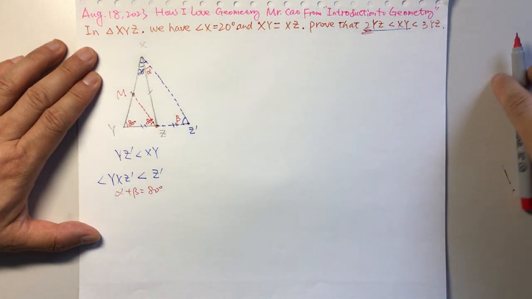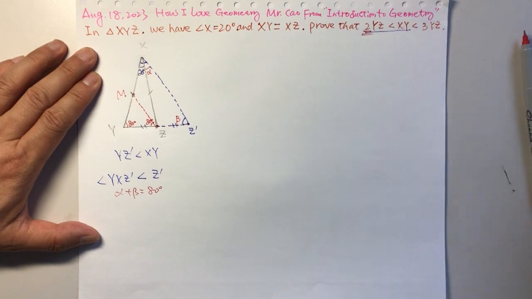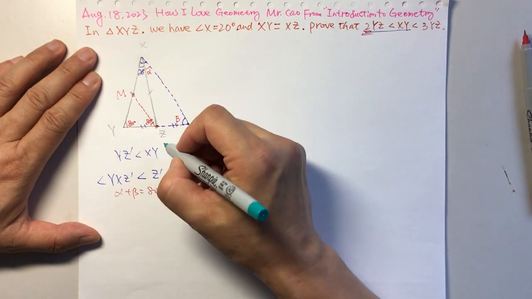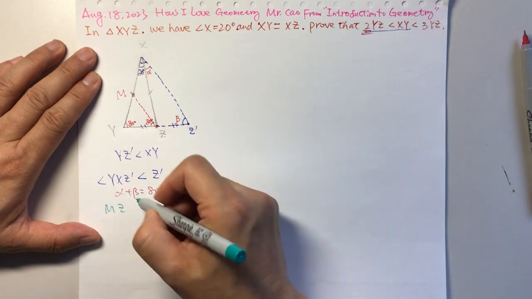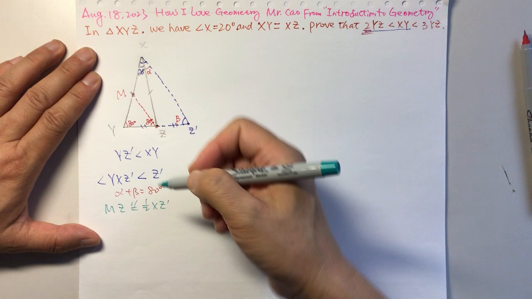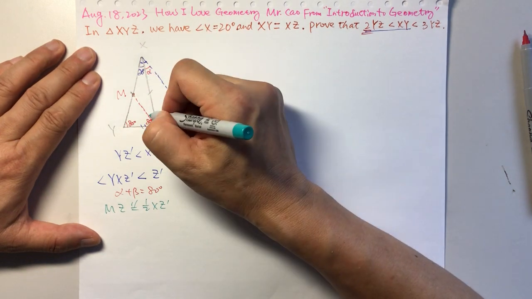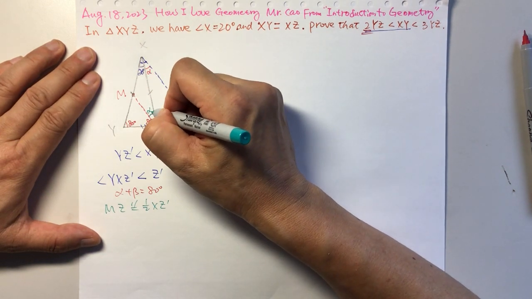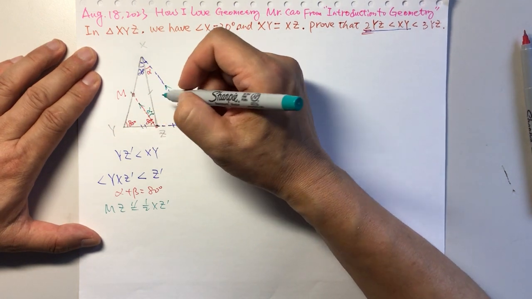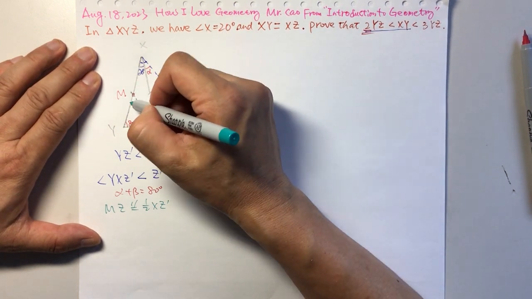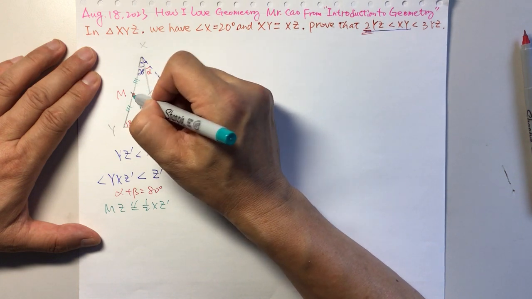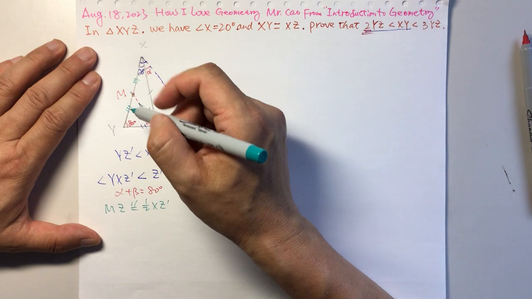MZ will be parallel to and equal to 1/2 of XZ'. So if this is alpha, this is also alpha, because they are parallel. And we know this part equals this, because M is the midpoint.